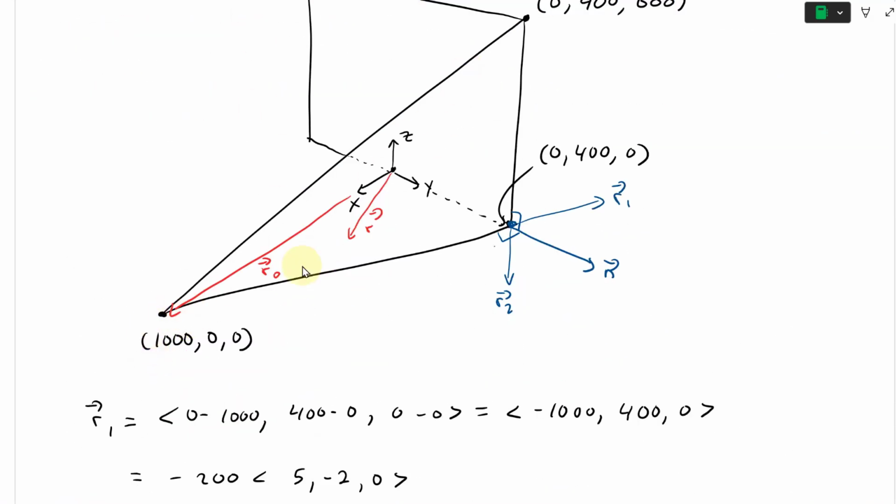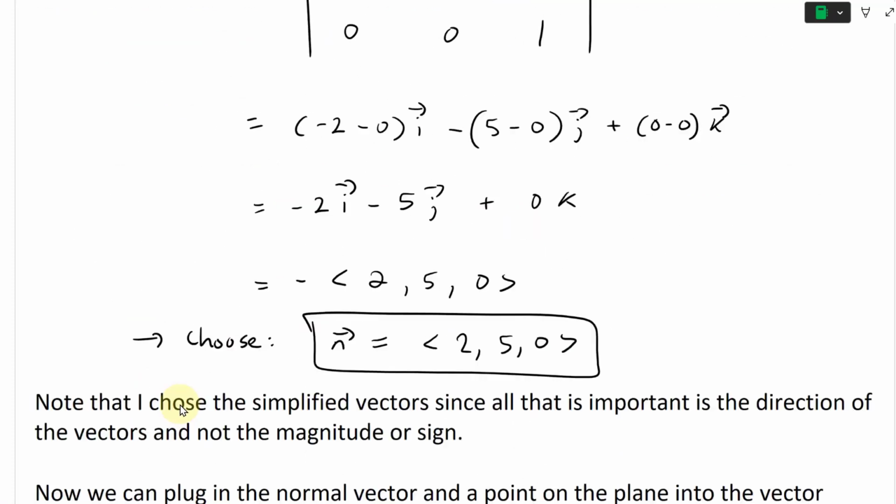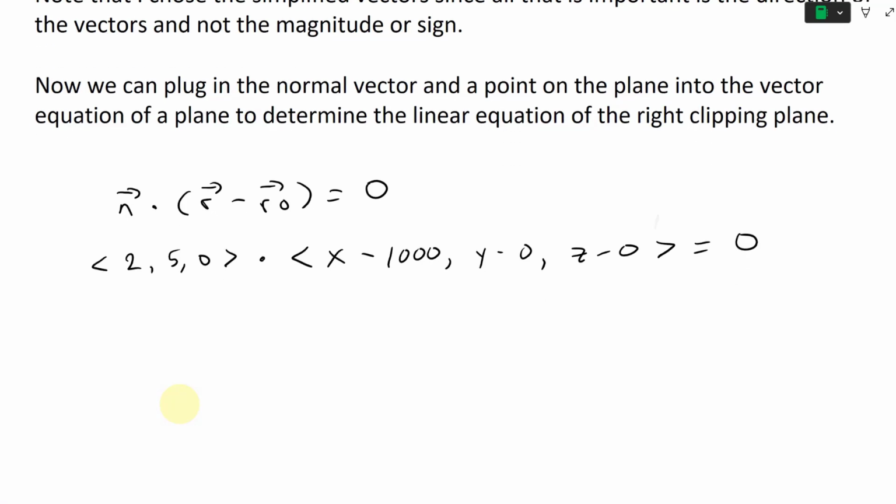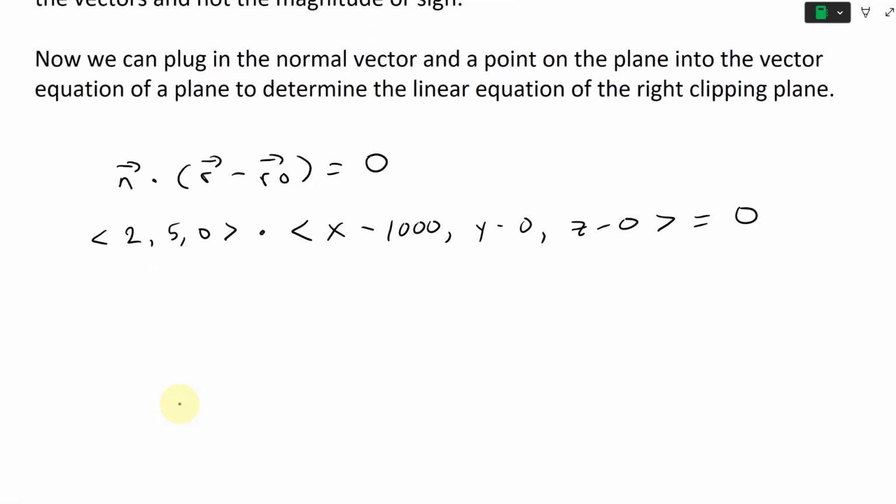It's actually a point on every clipping plane, because they all intersect at that point. So I'm going to put x minus 1000, then y minus 0, and then z minus 0, like that. This equals 0. The dot product, if you recall, is multiplying each of the coordinates together.